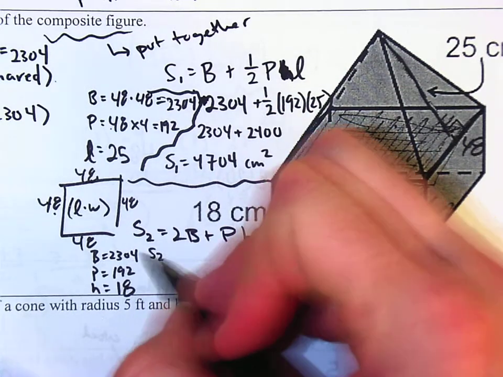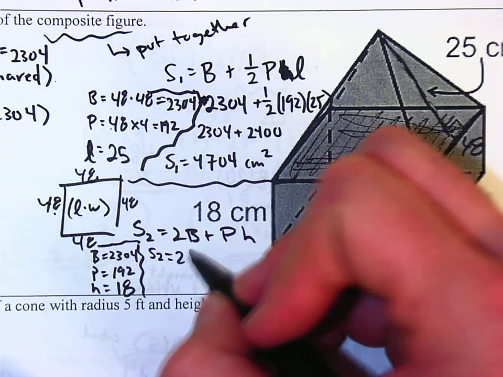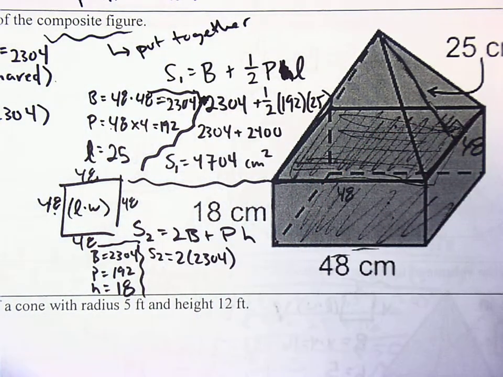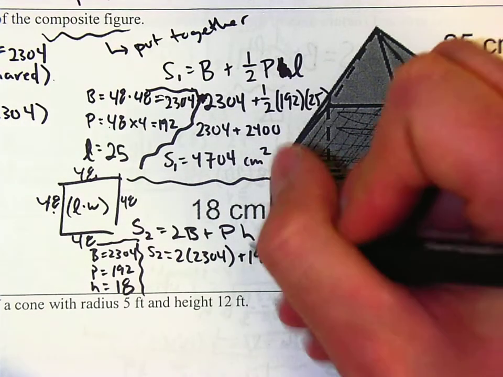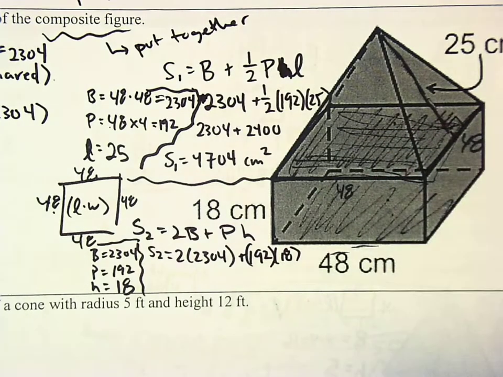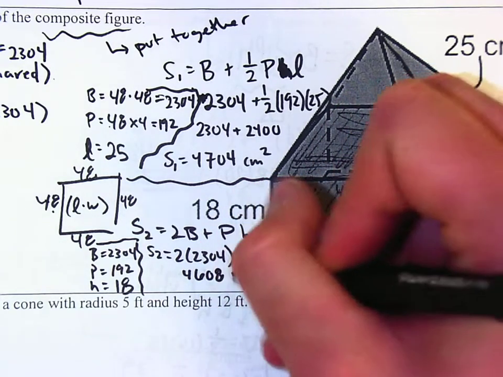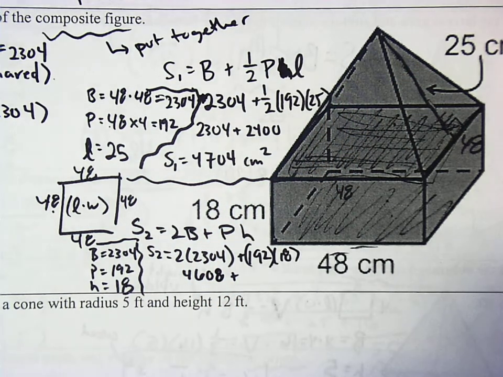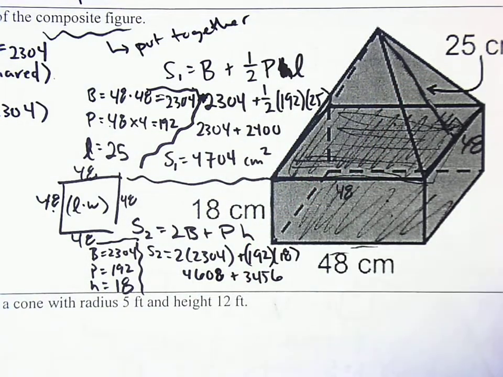So S2, and again I'm going to write that squiggly to distinguish our list, is 2 times 2,304 plus 192 times 18. These are all things I can just plug into my calculator. You don't have to do this in your head. 2,304 times 2 is 4,608, and then 192 times 18 is 3,456.